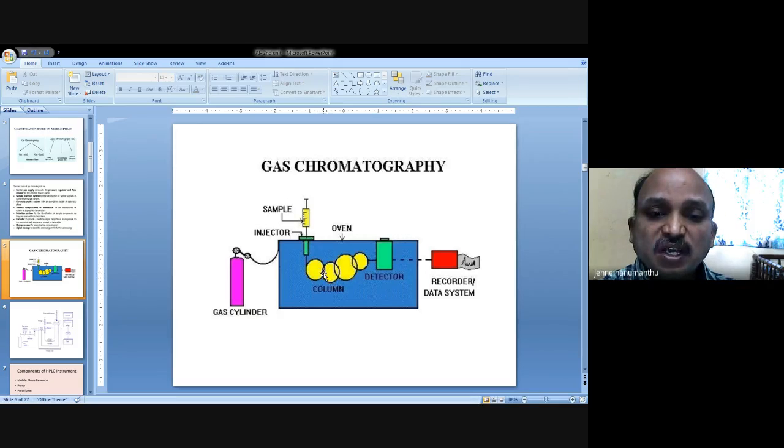Suppose the chemical components within the column are non-polar and your column is polar, so the non-polar elements will reach first. The polar components will reach second, like this.